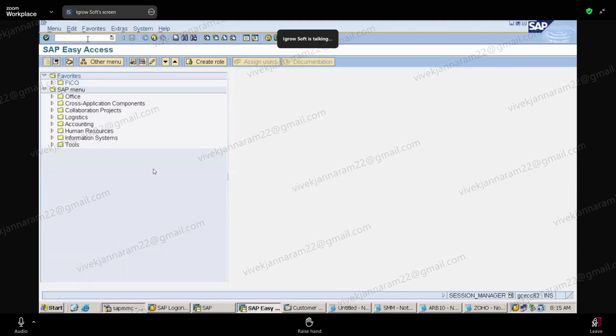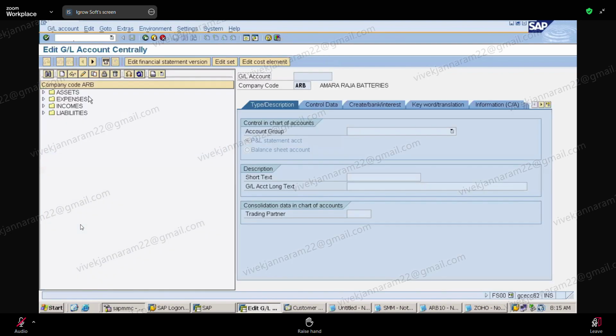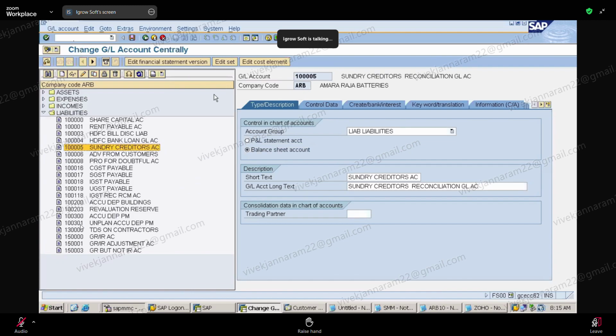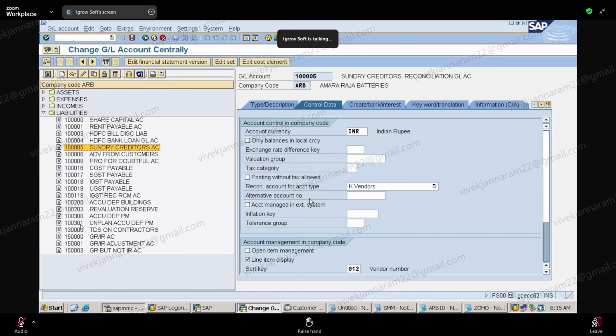It will be marked like this: sundry creditors is a recon account type for vendors.